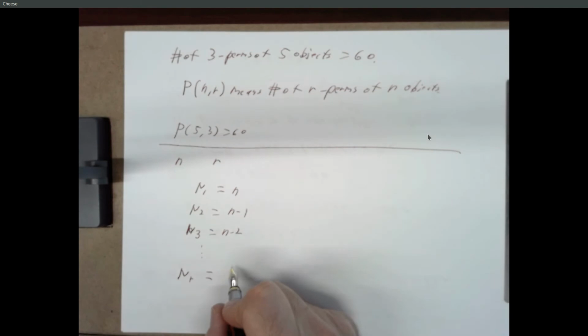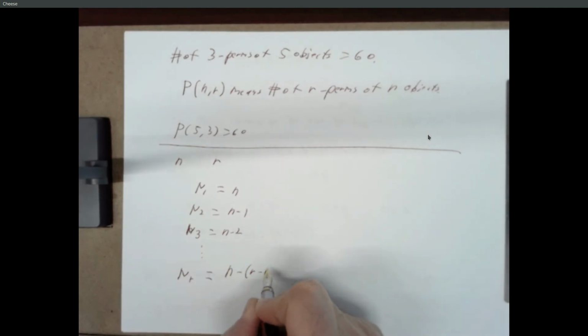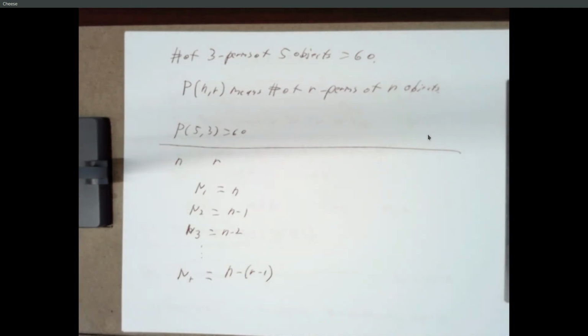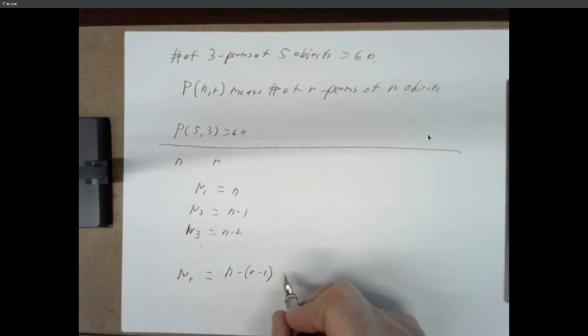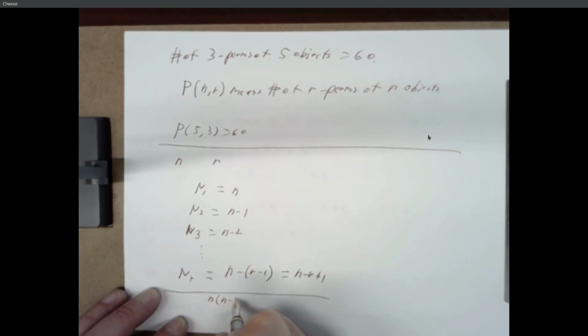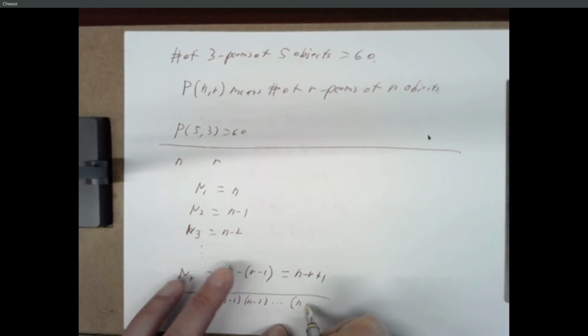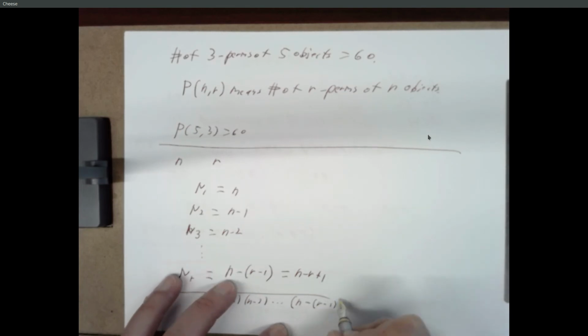That'll turn out to be n minus r minus 1, which is also n minus r plus 1. And so the total number of ways we can pick r objects out of n is just the product of this. So it's n times n minus 1 times n minus 2, all the way down to n minus r plus 1.